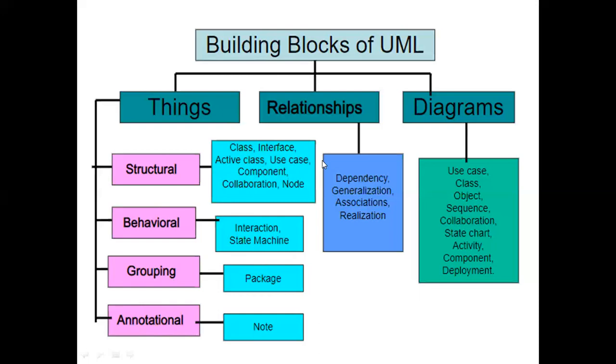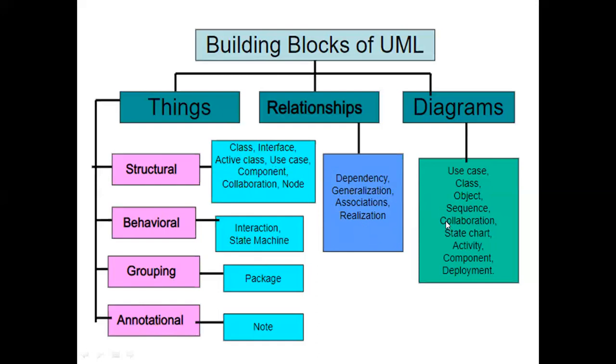In object modeling, you are using objects and relationships. Suppose in the object diagram, you are using objects and relationships. In the class diagram, you are using classes, that is structural things, and relationships. And next one, in the use case diagram, you are using use case things, that is structural things, and relationships.